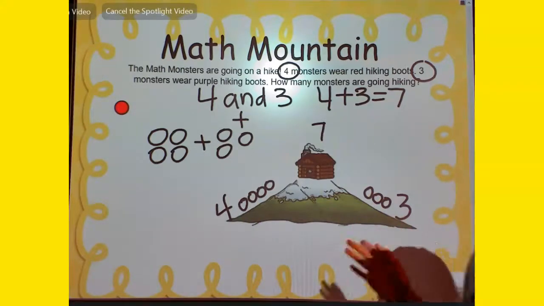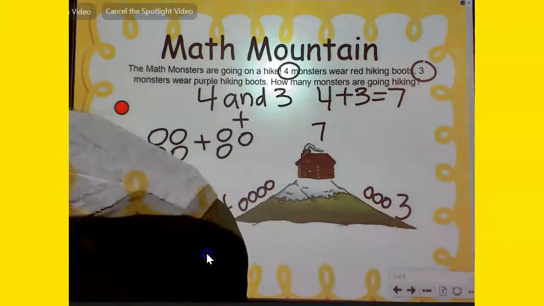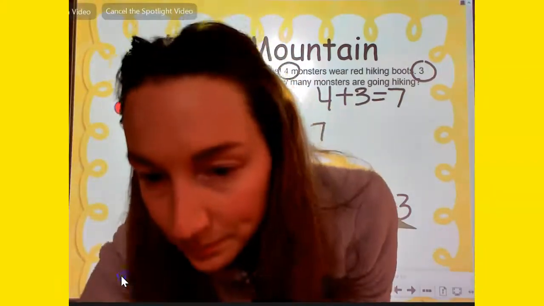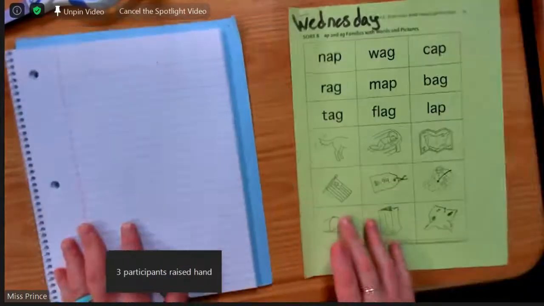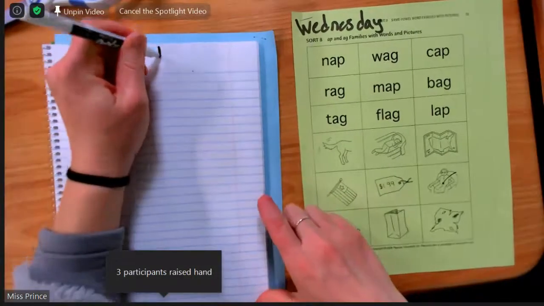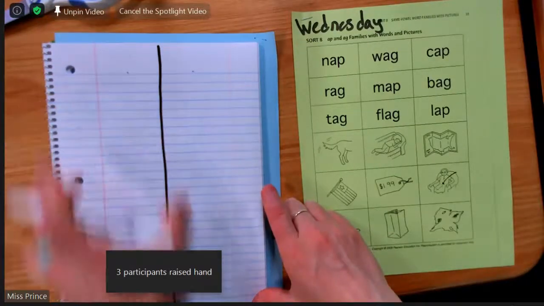All right. We are all done with calendar, so your next step is to get out your word study book, scissors, and glue. I'll give you 1 minute to make sure you have everything ready. So, for this book, we're going to draw that middle line again, but Miss Prince is going to do a better job today of making sure everything fits.